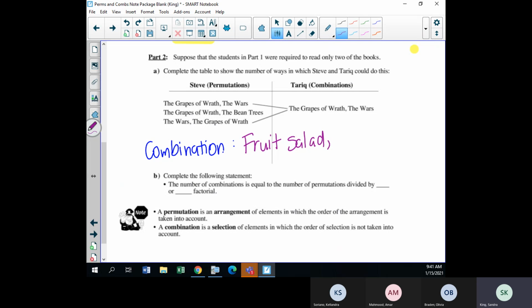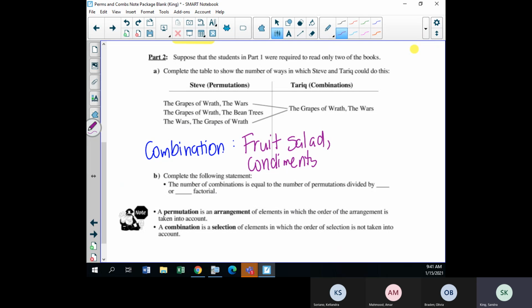Another one would be like condiments on your hot dog. So condiments. You go to Harvey's and they say, what do you want on your hamburger? And you say, I want ketchup and mustard. Doesn't matter if they grab the ketchup bottle first, or you go, mustard's got to go first, right?